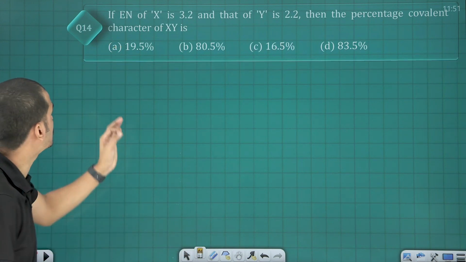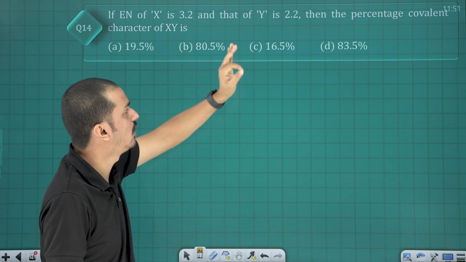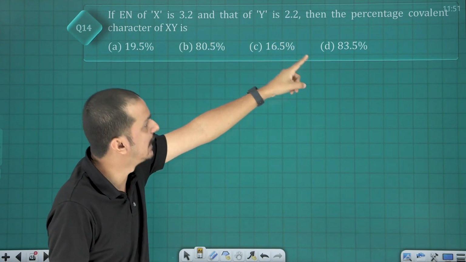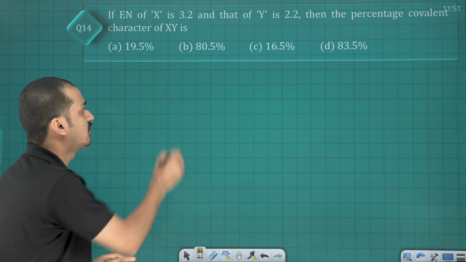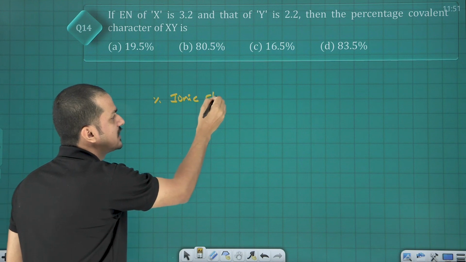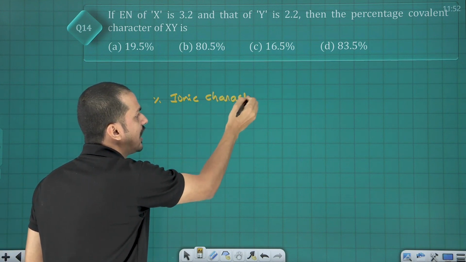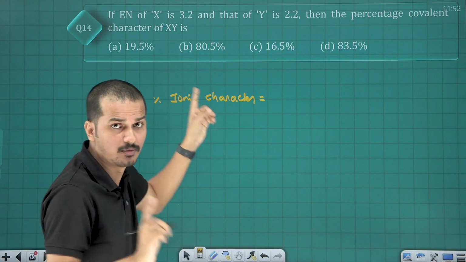Next one. If the electronegativity of X is 3.2 and that of Y is 2.2, then the percentage covalent character of XY is. I already told you the Hannay-Smith formula for percentage ionic character. If they are giving electronegativity, then I taught you one formula in the recap video.